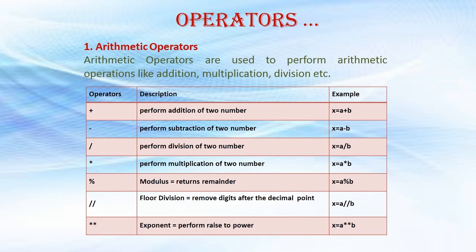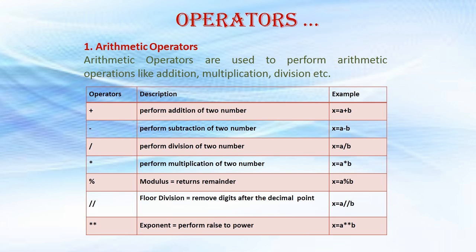When we divide 3 by 2, we get 1 as a remainder, right? Or if we divide 5 by 2, the quotient will be 2. The quotient is calculated using slash, and if you use the percentage sign, you will get the remainder. That 5 divided by 2 will give you remainder 1.